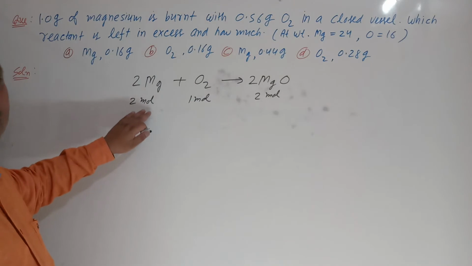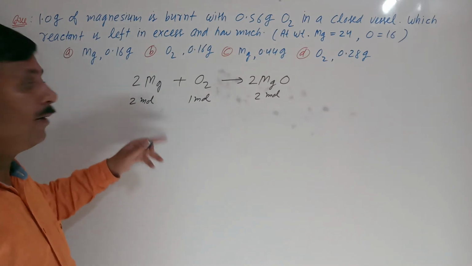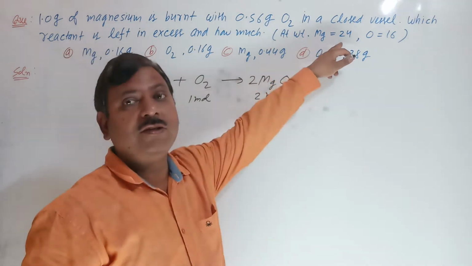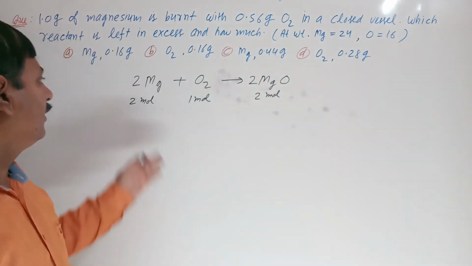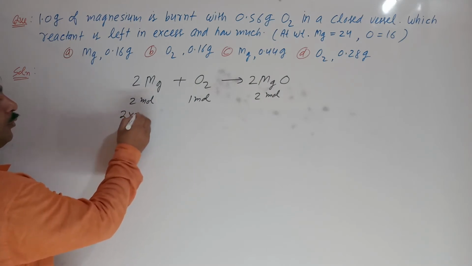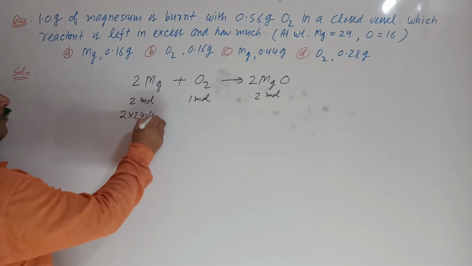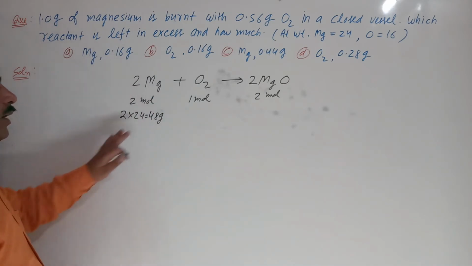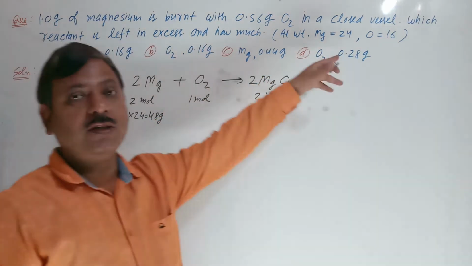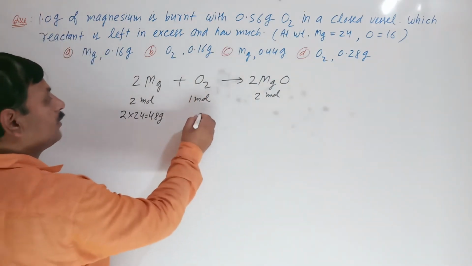See, 2 mole magnesium react with 1 mole of oxygen. So what will be the mass of magnesium reacting? 2 into molar mass, 24 atomic mass. So 2 into 24 means 48 gram of magnesium reacted with 1 mole, means 16 into 2, 32 molar mass.